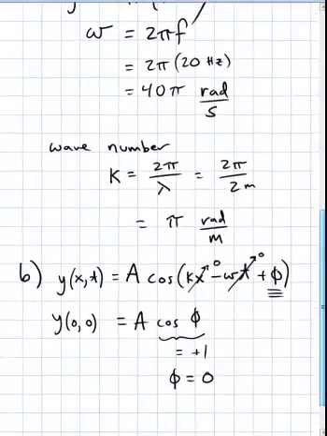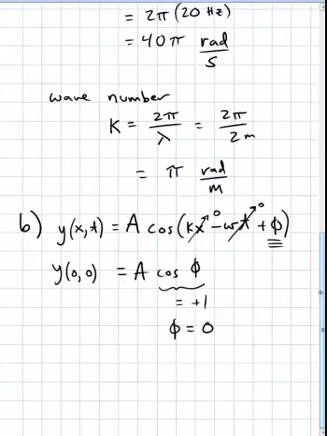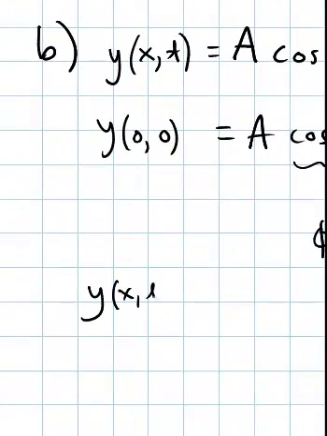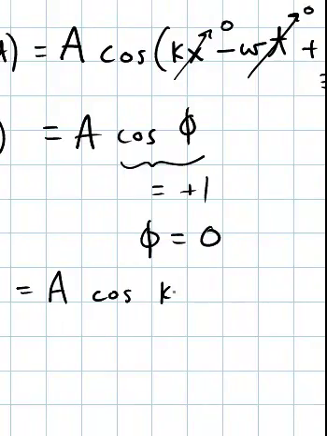So now we know what our phase angle is, and that's why we could use either sine or cosine for this function, because if we put sine of kx minus omega t plus a phase angle, we would get a different phase angle, but the starting condition would be the same, and the motion of the wave would be the same after that. Okay, so now we know our phase angle, so we'll go back to our generic case. At any position in time, it's going to be the amplitude times the cosine of kx minus omega t plus 0.